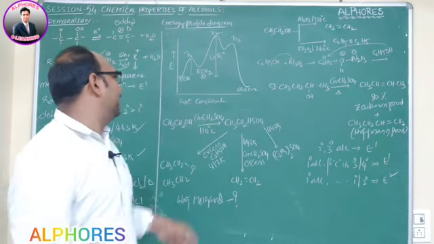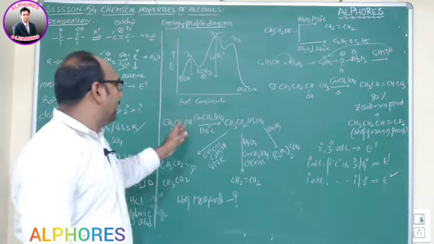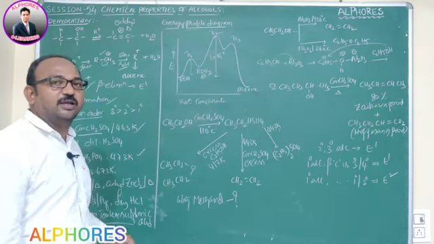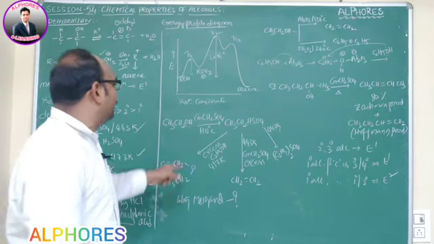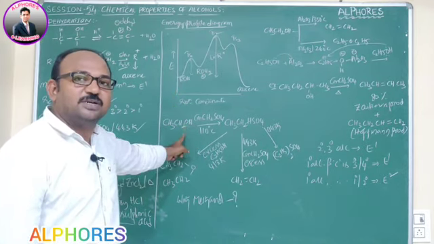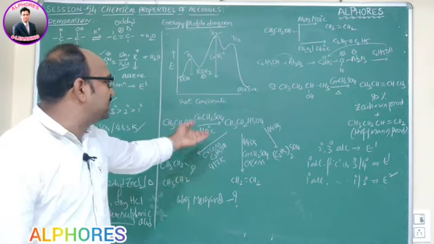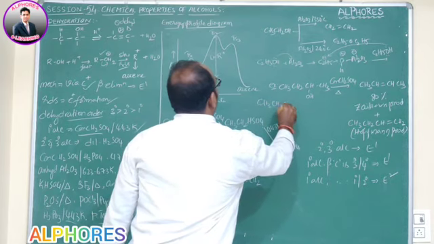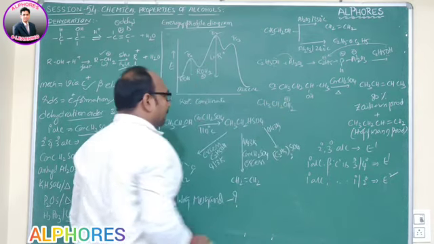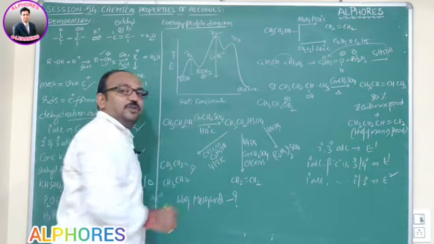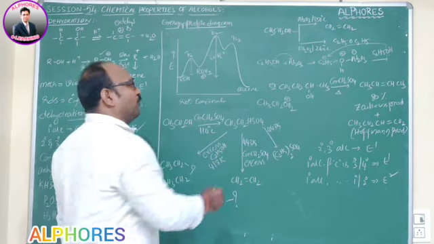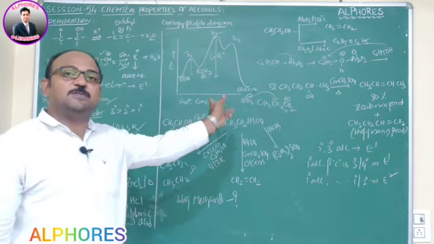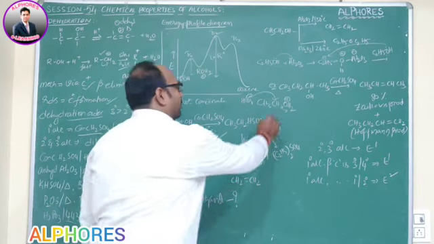Let us see here the same alcohol, and instead of anhydrous Al2O3, I am going to use concentrated sulfuric acid. When I use concentrated sulfuric acid, first protonation takes place. OH converts into OH2+. CH3CH2OH2+. Then the proton is provided by sulfuric acid, H+, and the remaining HSO4- acts as the nucleophile and displaces OH2, the water molecule.